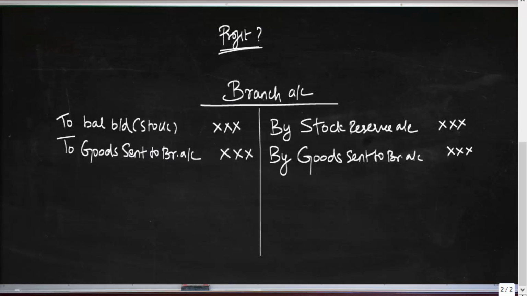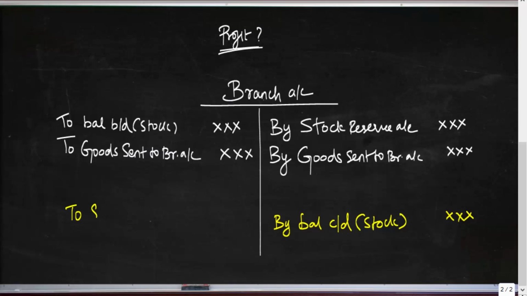Similarly, we'll also have closing stock. Let's say we have closing stock here, by balance carried down of closing stock. This closing stock will also have a profit element, so that profit element has to be removed. How?